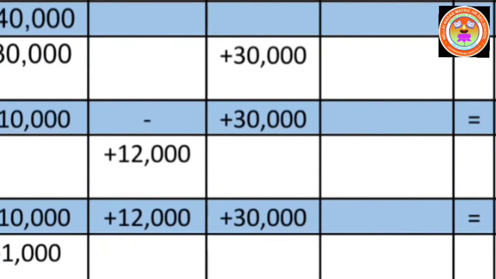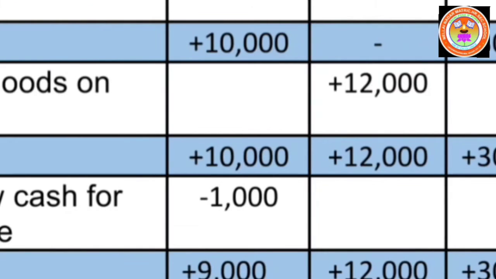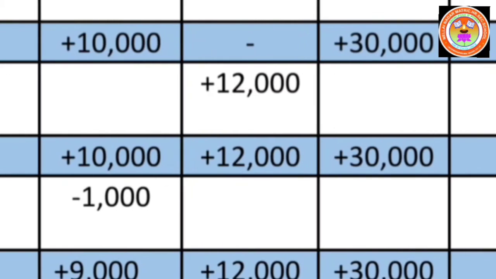Here a new asset is created; stock comes into the business. Before the transaction, no stock is available, but after this transaction, stocks are created. So plus 12,000 under the stock column.